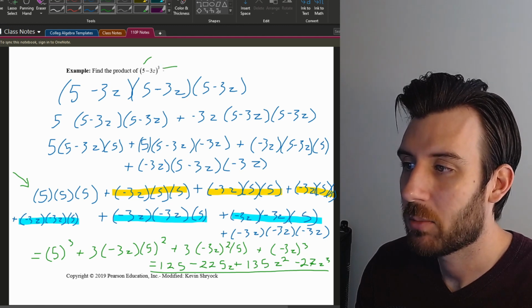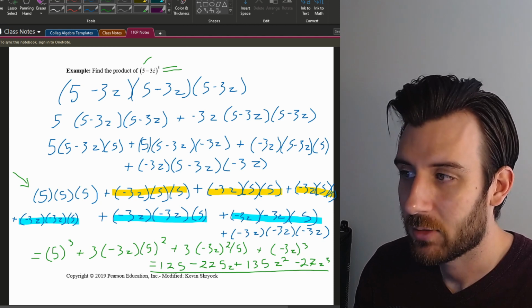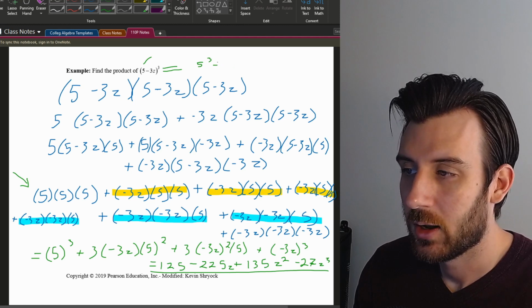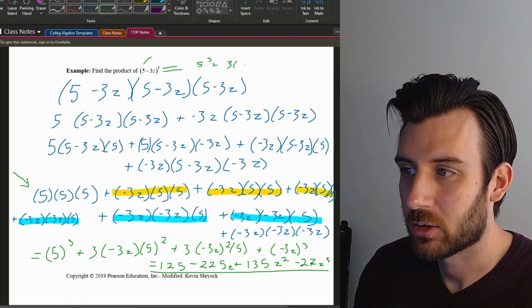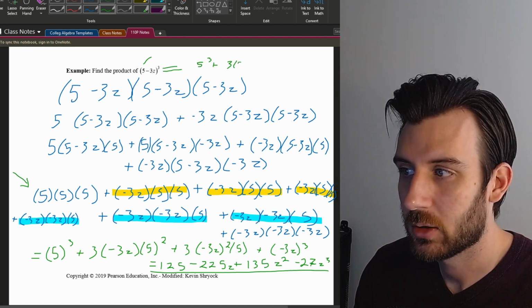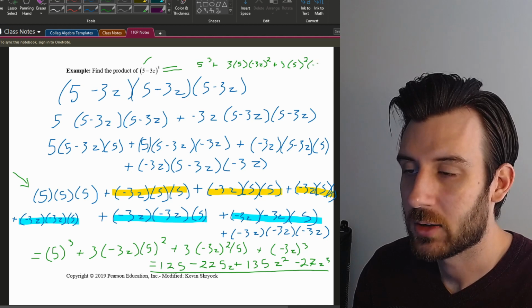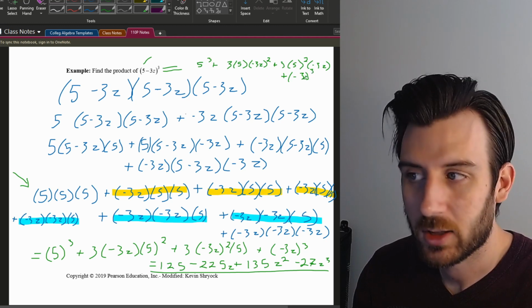Notice that we can now jump ahead for all numbers in the future and say that whenever I have a number in the front that I repeat 3 times, and then I have 3 overlaps where one side occurs more often than the other, so that would be 3 5s and negative 3z squares, I'll have 3 5 squares times the negative 3z, and I'll have negative 3z times itself 3 times.